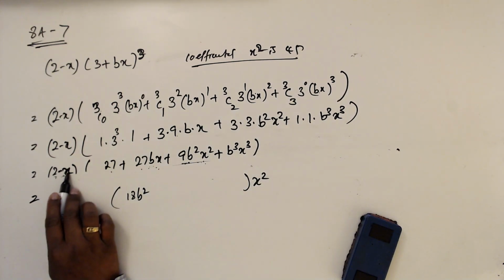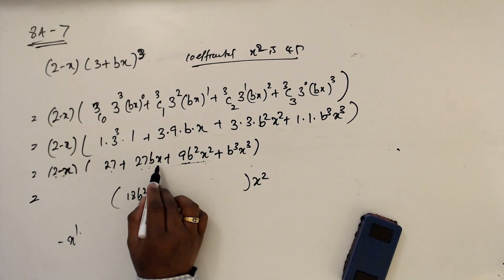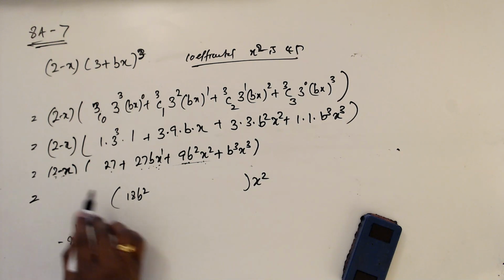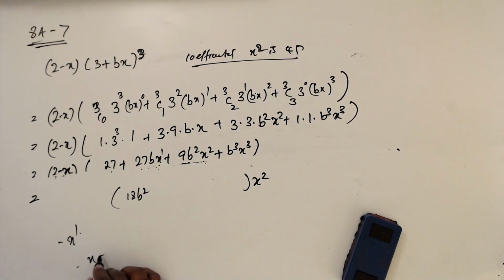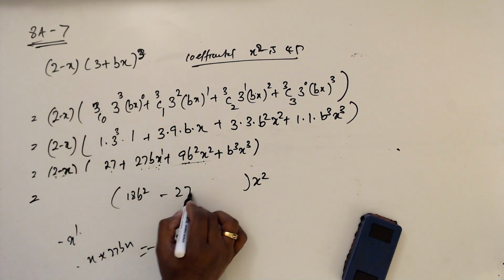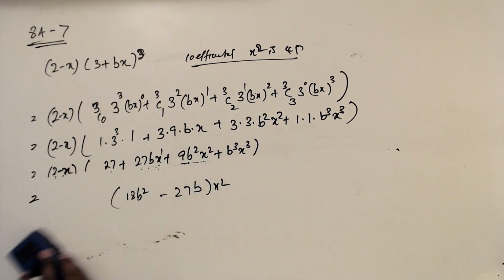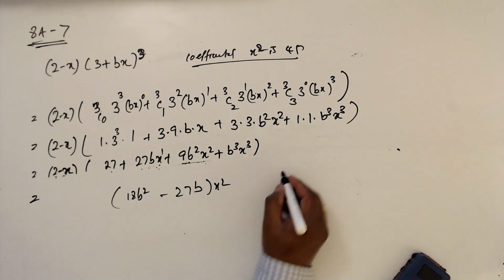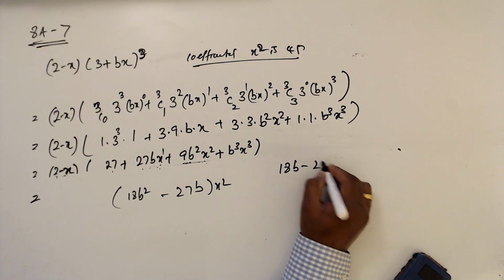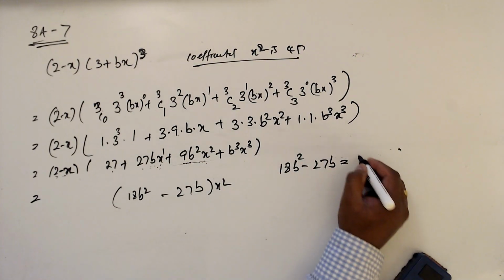Then x1 is already there. How many x is in it? 1x. So 1x is here. So then minus x times 27bx is going to be minus 27bx square, minus 27b. Right? Now 18b square minus 27b, the coefficient is what?